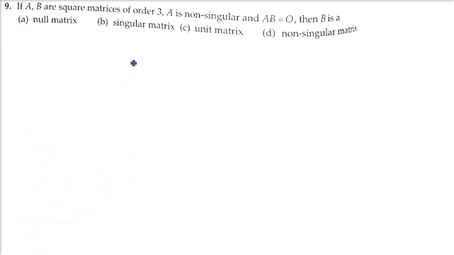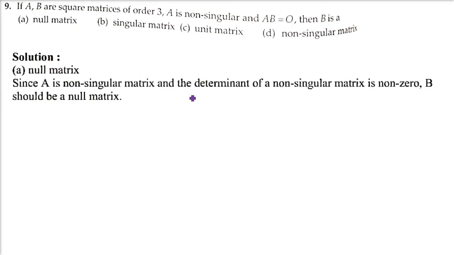That will come again. If A and B are square matrices of order 3, A is non-singular and A into B is a null matrix, then B is. See, non-singular and singular we have not discussed. We are going to see in the determinants. But I'll give you a hint. For a singular matrix, the determinant of the matrix is 0, and a non-singular matrix has a non-zero determinant.